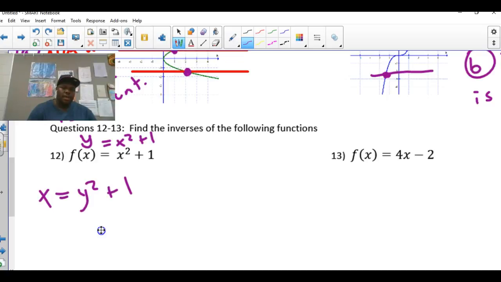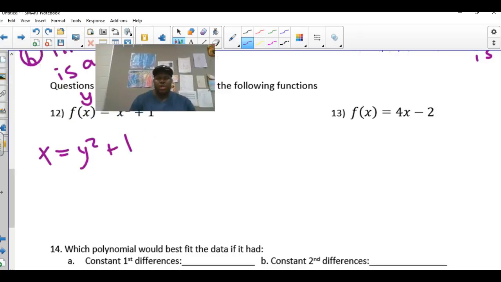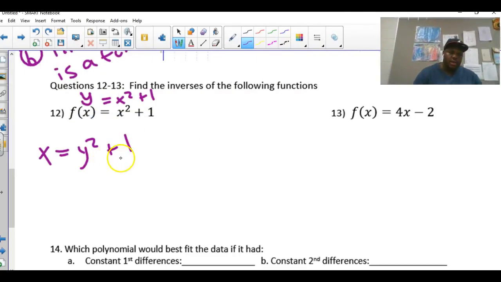And now step 2 would be to solve for y. So I'm going to solve this whole thing for y, meaning I'm going to subtract 1. That leaves me with x minus 1 equals y squared. Then we're going to take the square root on both sides because I need to get rid of that square right there. So the square and the square root cancel.